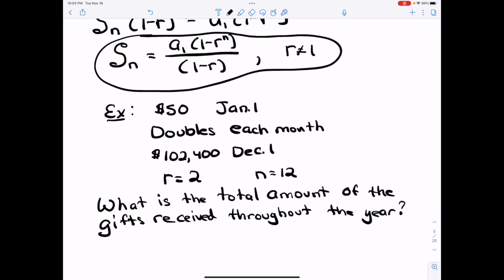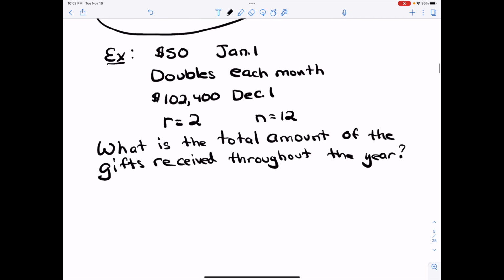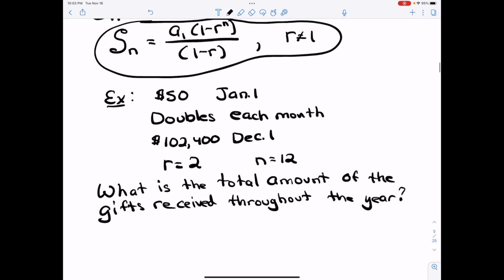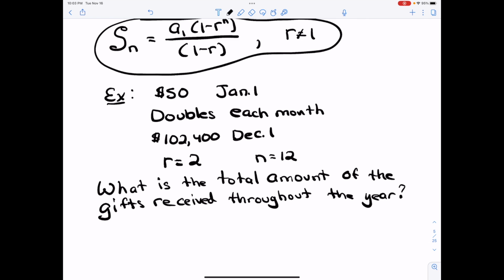Now we're trying to find out what's the sum of all the possible terms in that particular sequence. Well, we're basically trying to find the sum. So we're trying to find s sub 12.